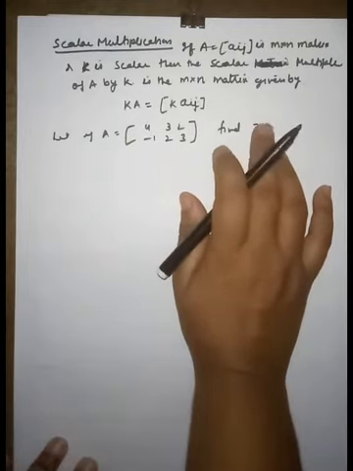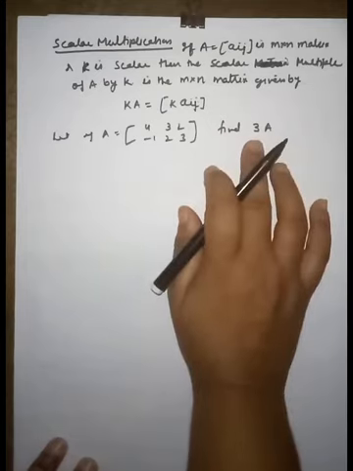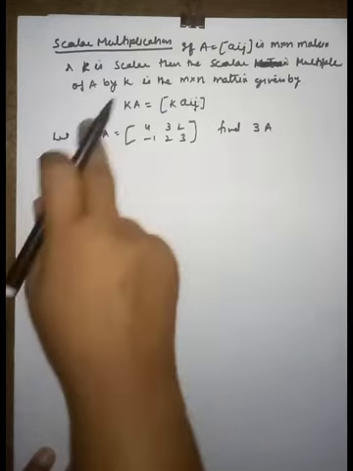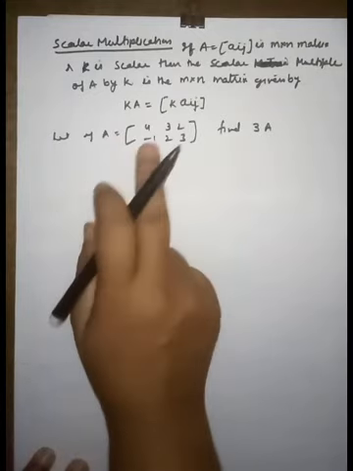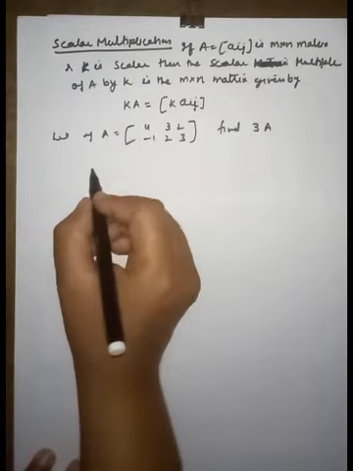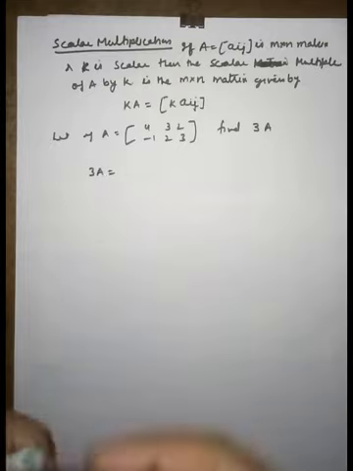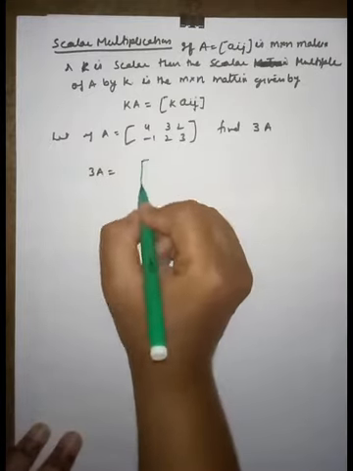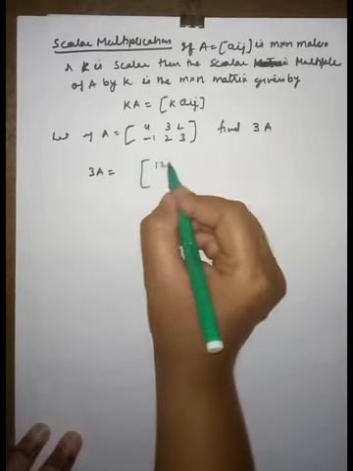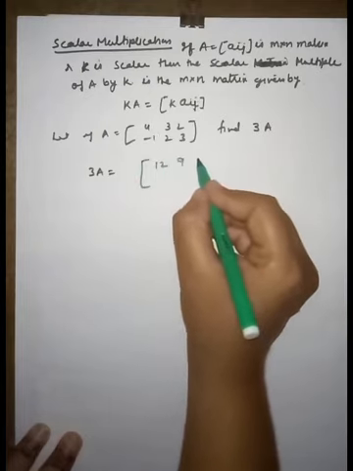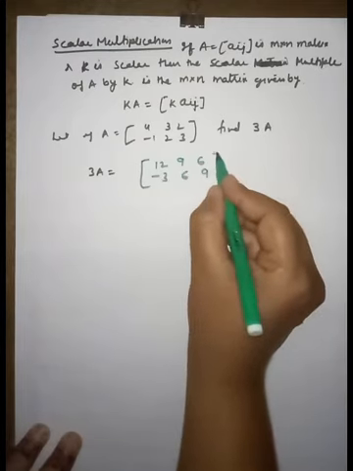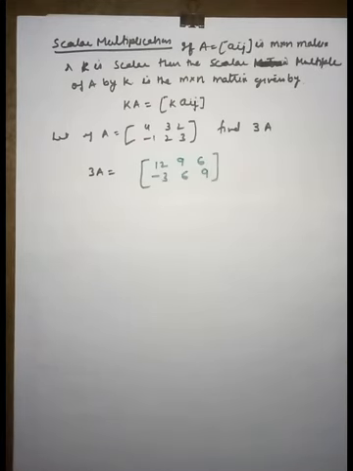So you multiply this scalar quantity by each element of the matrix. So to find 3A, the value comes: 3 4s are 12, 3 3s are 9, 3 2s are 6, minus 3, 3 2s are 6, 3 3s are 9. This value comes.